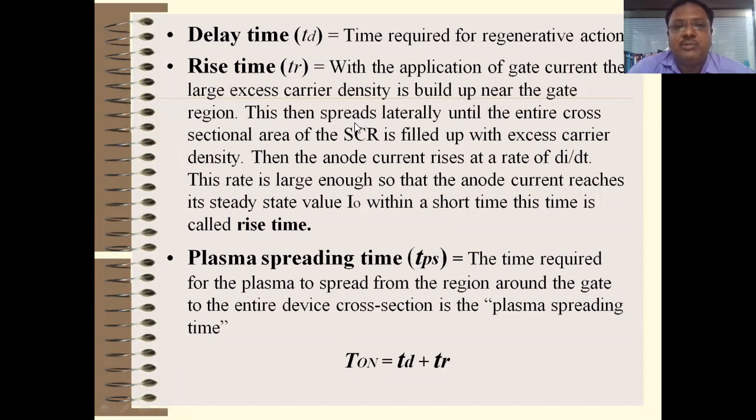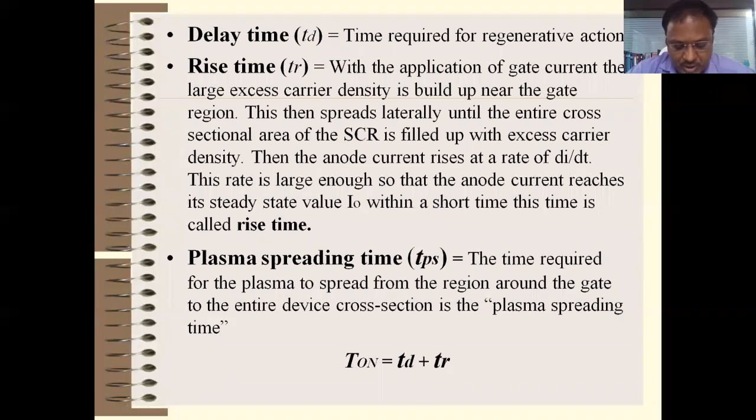Then this spreads laterally until the entire cross-sectional area of the SCR is filled with excess carriers. When you apply the gate voltage, some time is required before the anode current flows, which is called delay time, the time required for regenerative action.